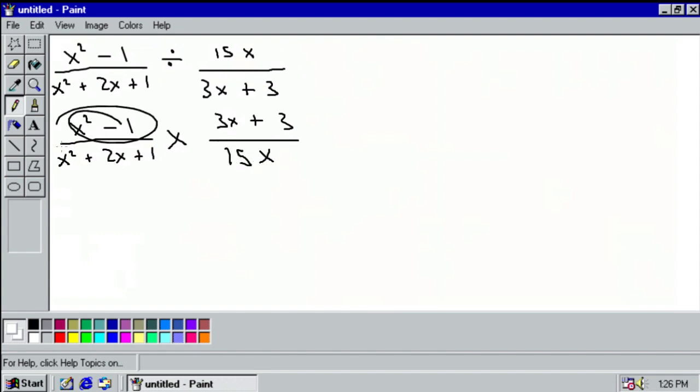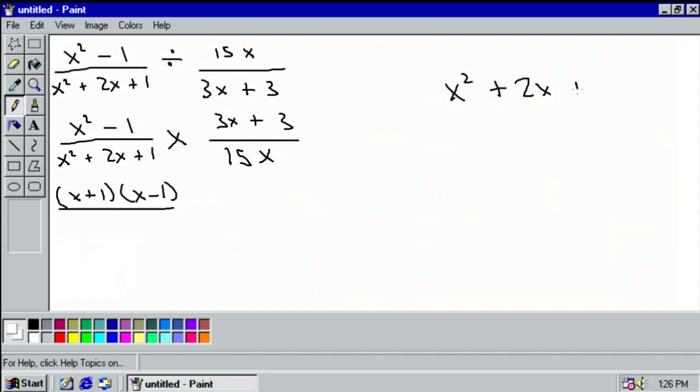Now we can factor this. This is a difference of two squares, so the square root of x squared is x, and the square root of 1 is 1. So we have x plus 1 and x minus 1. Now we have this trinomial, x squared plus 2x plus 1. Since we have a leading term of 1, what are the factors of 1 that add up to 2? That's simply 1 and 1.